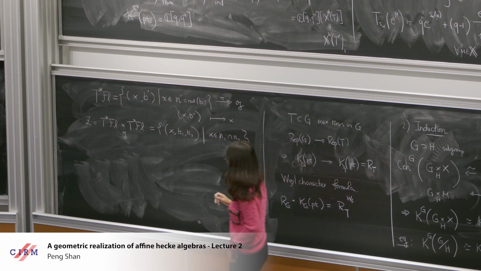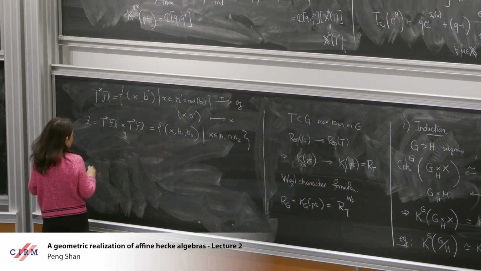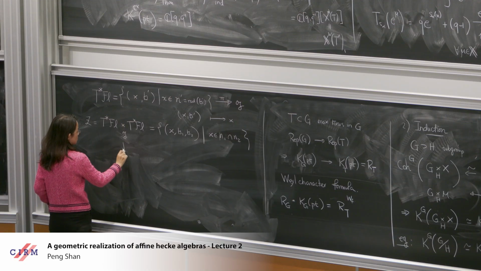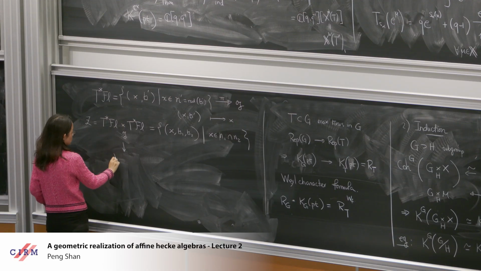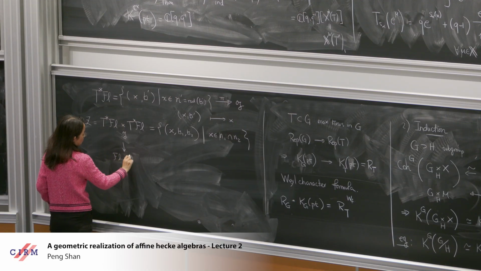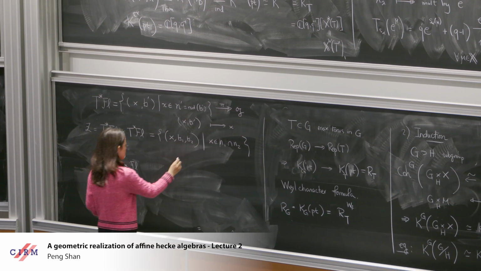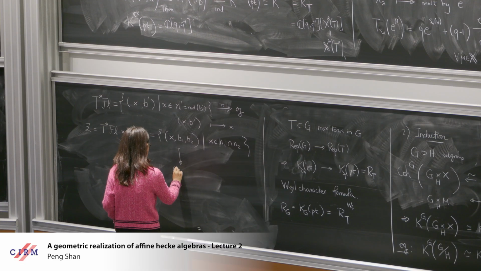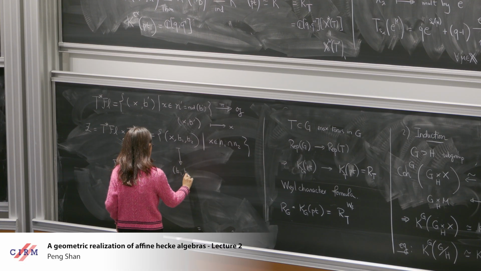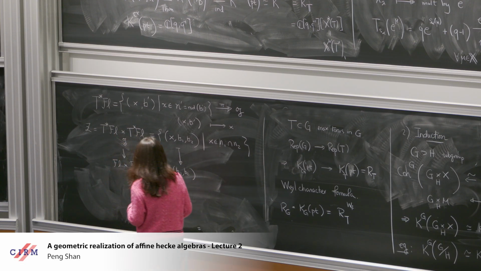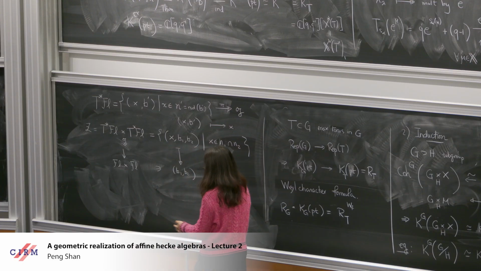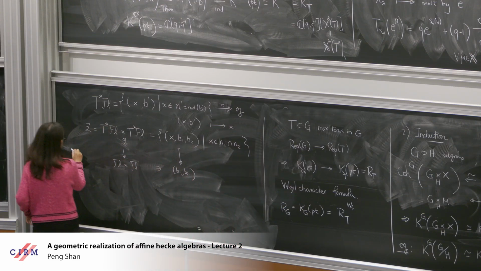Okay? And so this thing just maps to two copies of the flag variety, where this is sent to b1, b2.